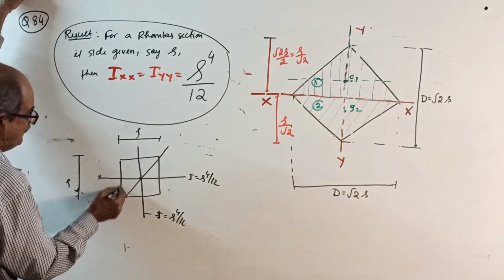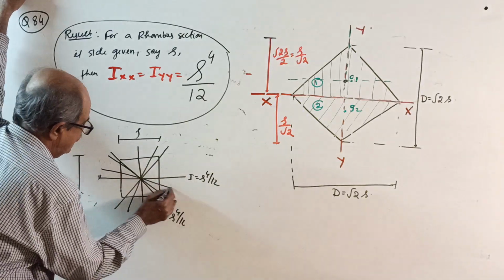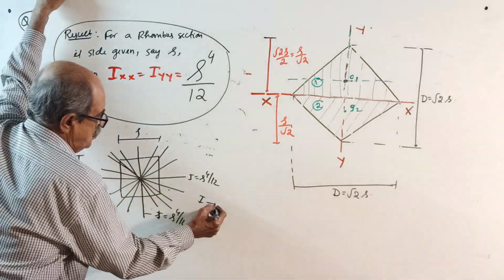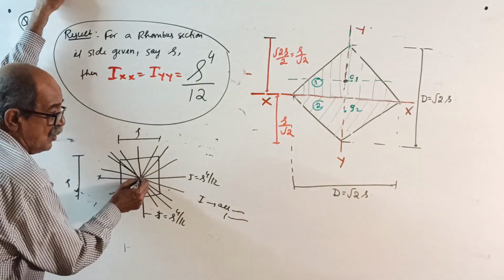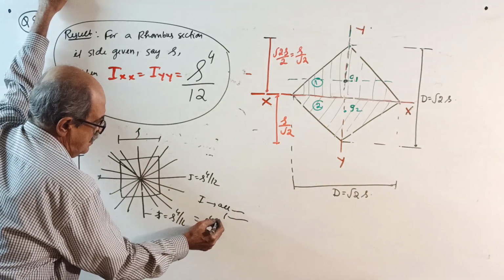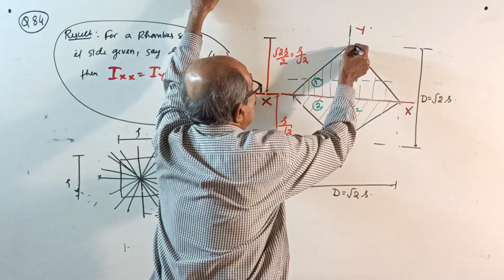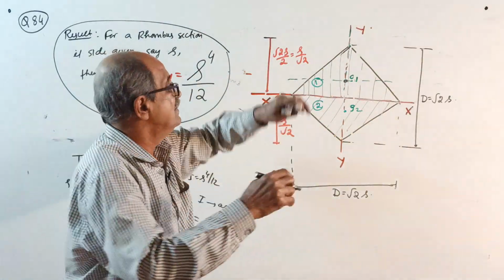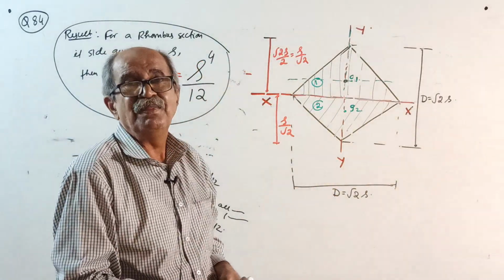I about all those inclined axes passing through the centroid is also equal to S power 4 by 12. Correct? See here, this rhombus section is actually a square section, turned. Therefore, you turn it, no problem.